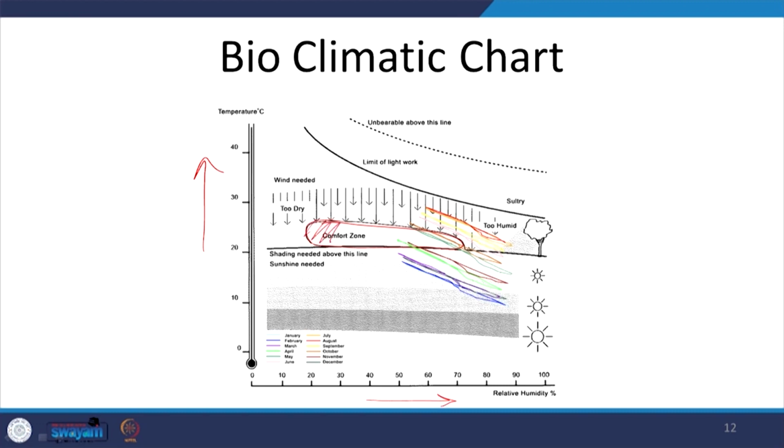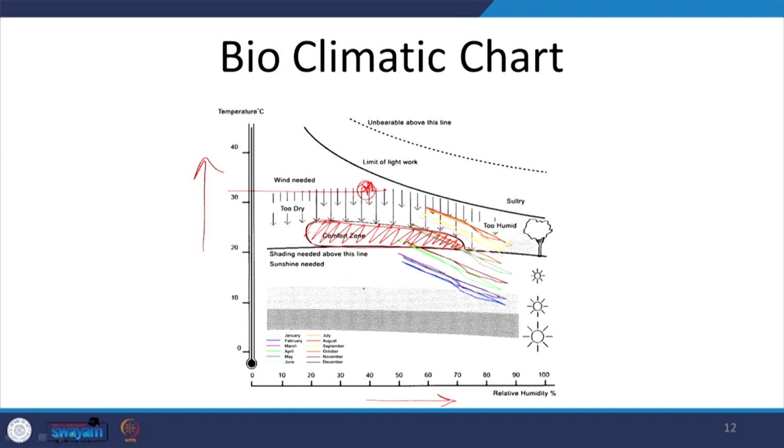This comfort zone is very similar to what ASHRAE 55 defines, as we have seen on the psychrometric chart. Now, if we are above this comfort zone where the temperature is increased, which is what we were seeing in the psychrometric chart just now, there are different strategies which can be employed.